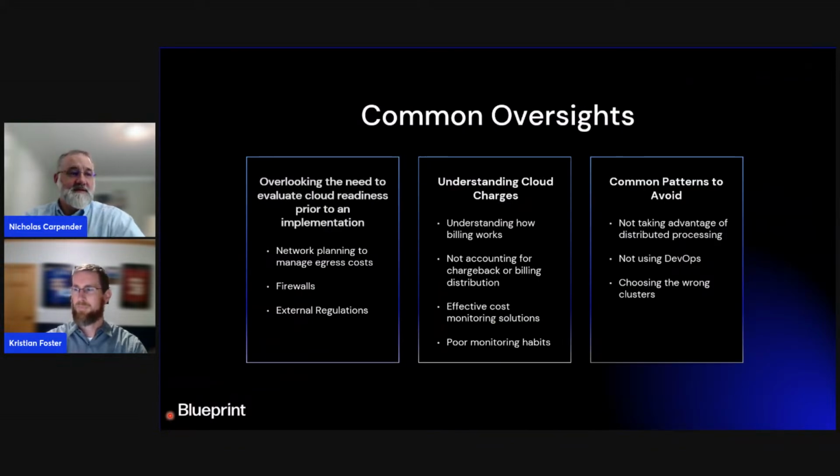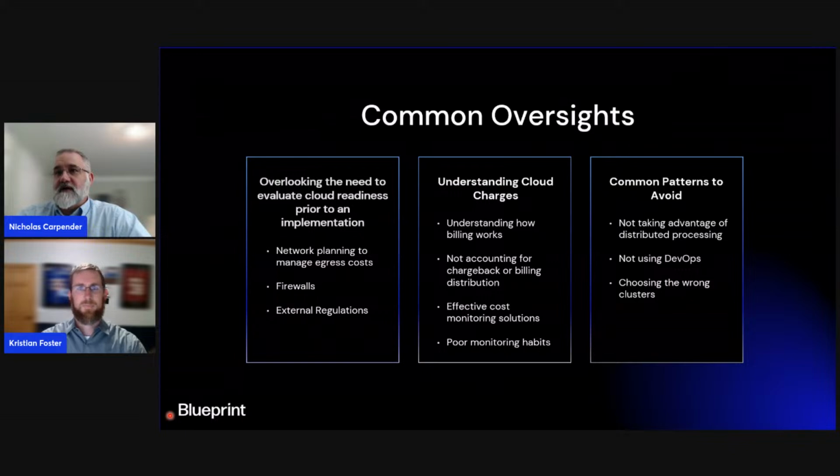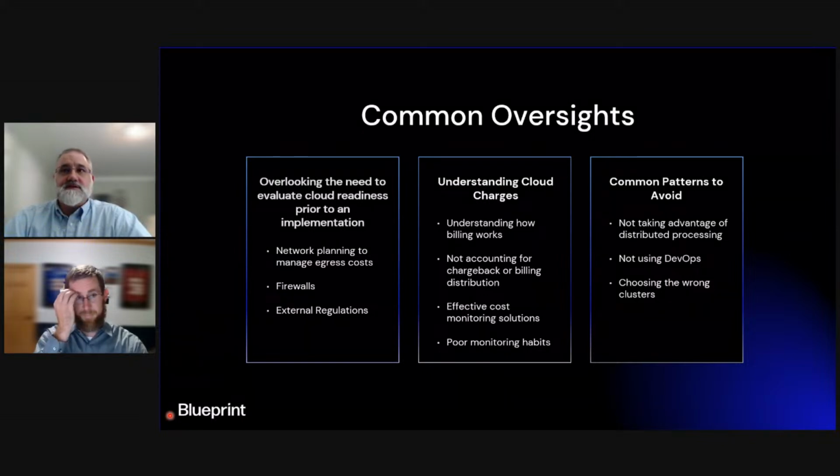So moving on to the main topic. Today we're going to talk about some of the common oversights, and there's 3 general categories that we see. The first one is overlooking the need to evaluate cloud readiness prior to an implementation. So this includes network planning, firewalls, and then external regulations.